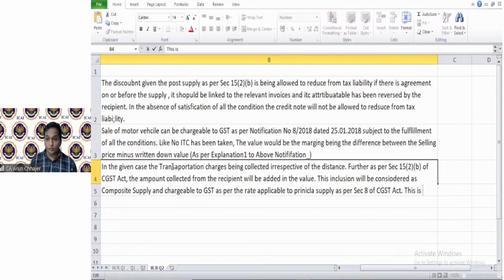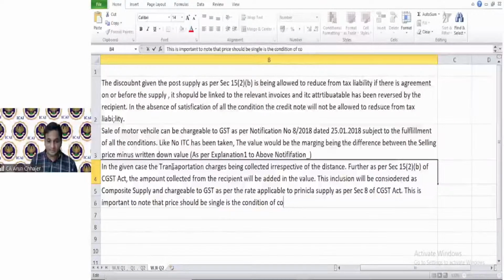This is important to note that single price is the condition of mixed supply, not the condition for composite supply.